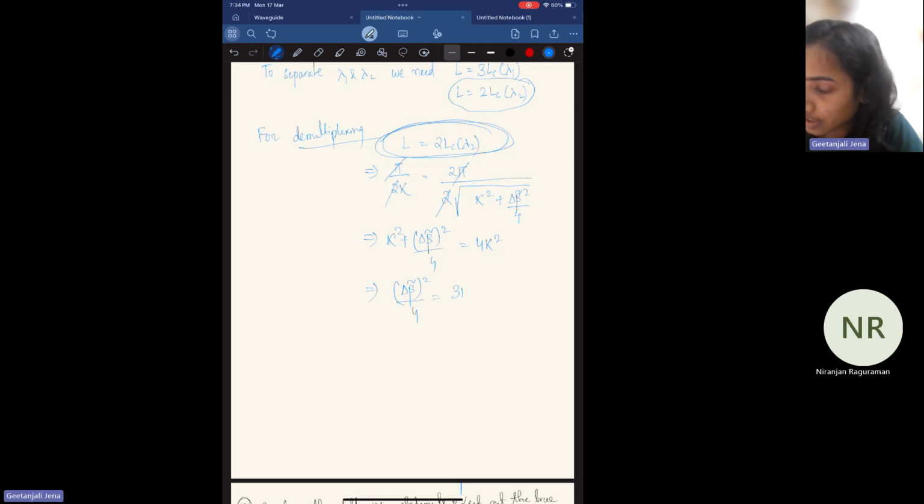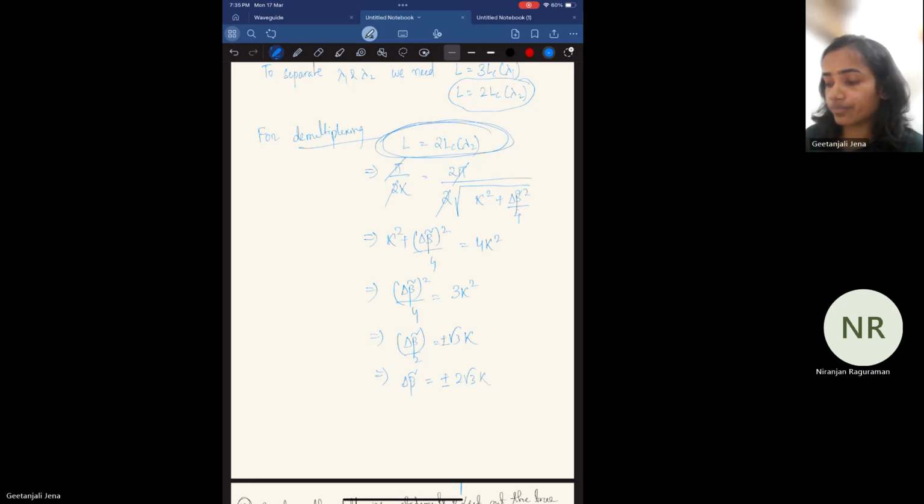This gives delta beta square by 4 equal to 3 kappa square, and so root 3 kappa. Delta beta tilde will be plus or minus 2 root 3 kappa.